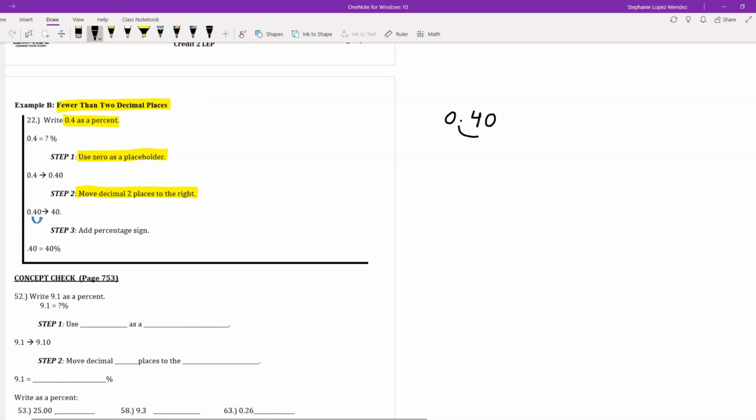So now you'll see 1, 2. Now my point is after the 0 I just added. And as step number 3, I add the percentage sign. So instead of having 0.40, I now have 40%.